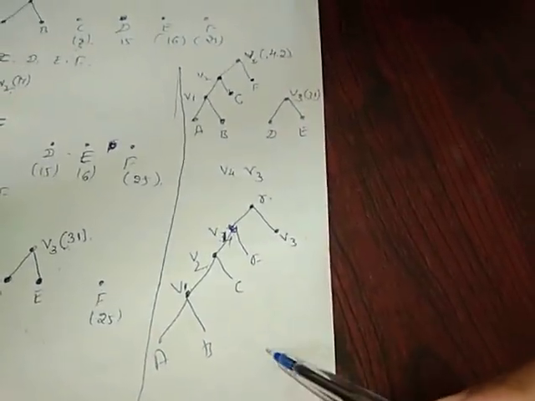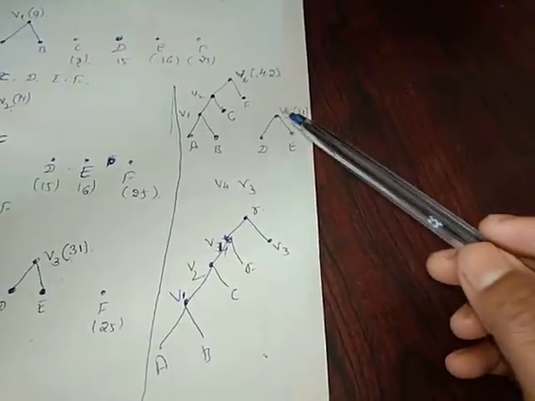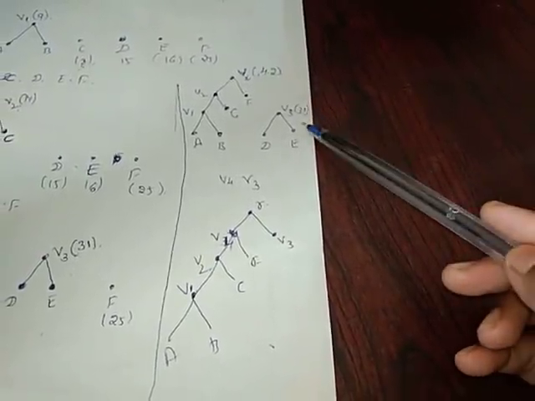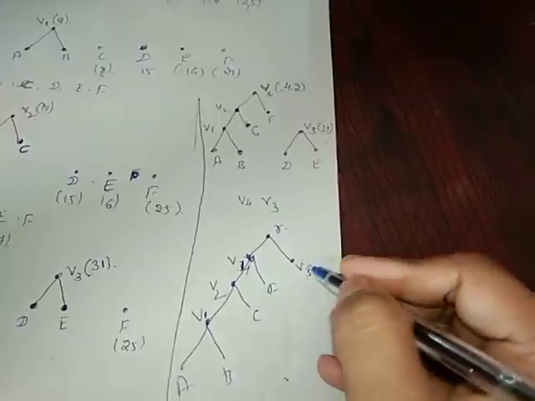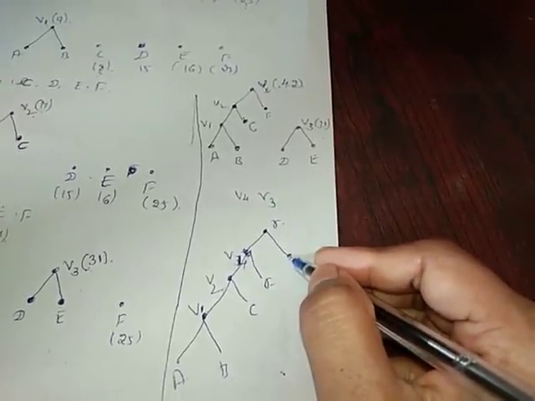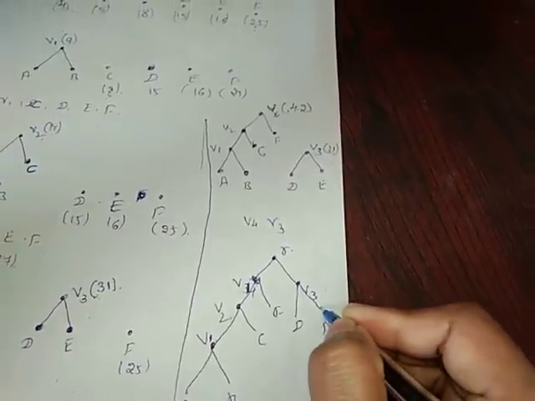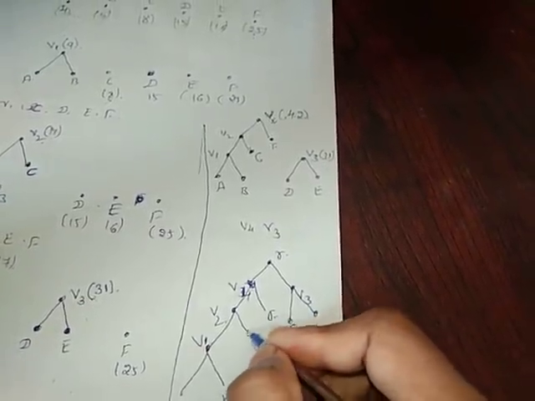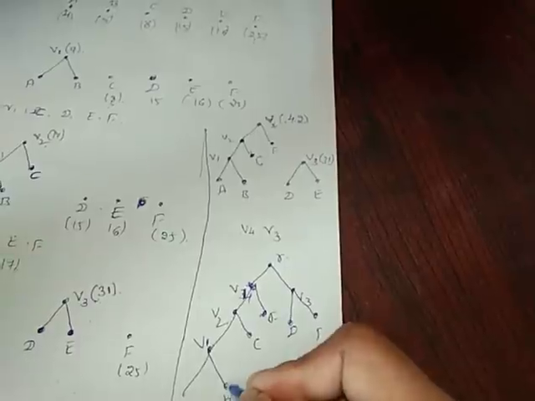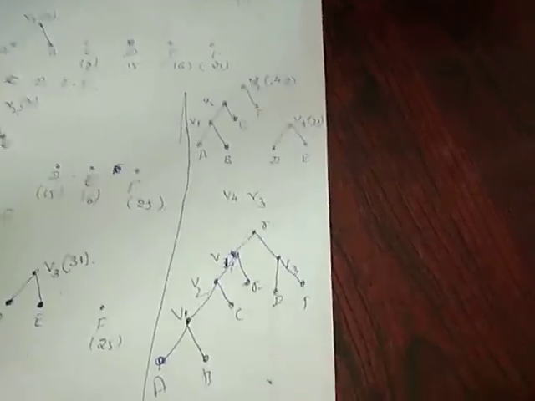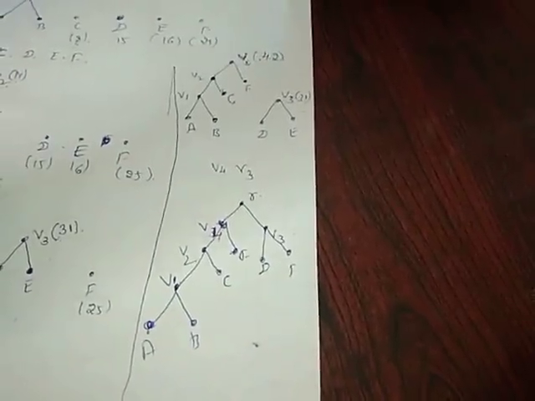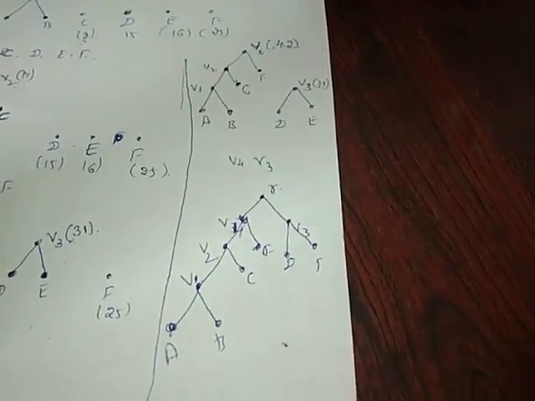Now our graph will be like this. Add the weights of 42 and 31 at the root R. That is how to construct an optimal tree for the given weights.